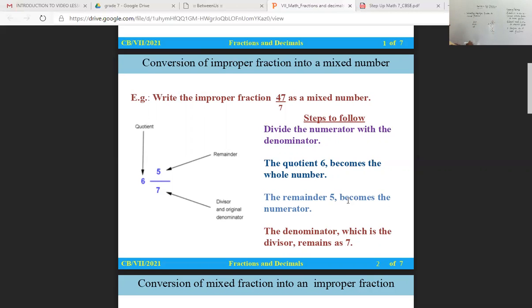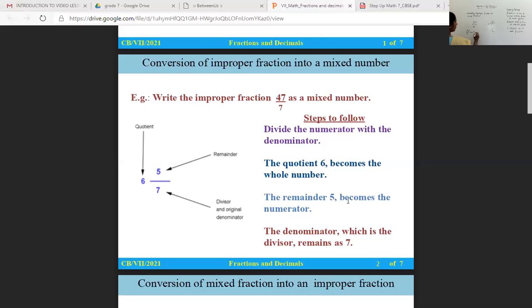So how to write this 35 by 2, which is an improper fraction, as a mixed fraction? First you write the quotient. What is the divisor we had in the previous one? The divisor of the improper fraction is also the divisor in the mixed fraction.